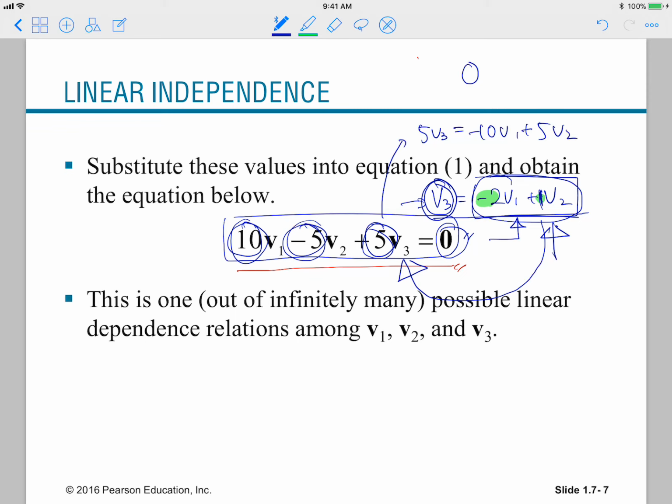Okay, and as I mentioned earlier, this linear dependence relationship is actually the same as the situation where we have a free variable. Let me explain: this third vector, which is already inside of the span of the previous vectors, is actually your free variable.